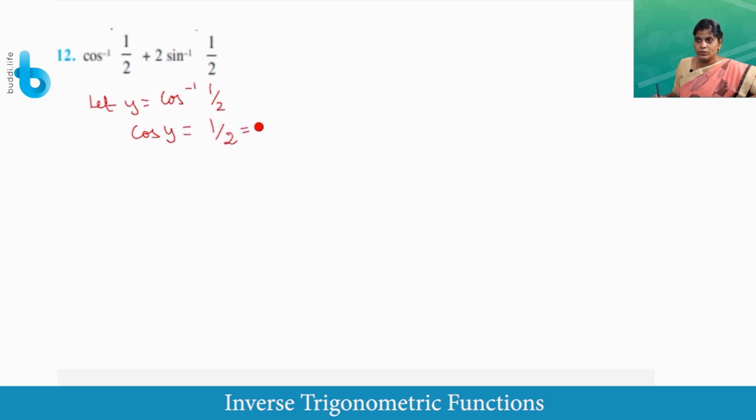So when your cos value will become 1 by 2, cos y equal to cos pi by 3. When the angle is pi by 3, cos value is 1 by 2. Therefore, y equal to pi by 3, which obviously lies in the principal range.